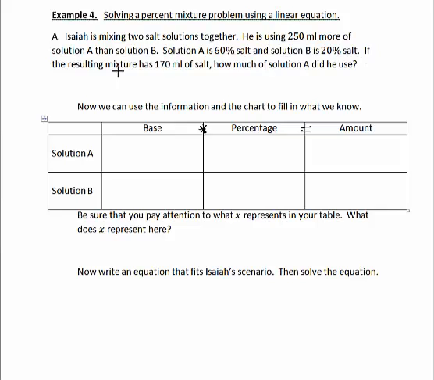And finally, the resulting mixture has 170 milliliters of salt. Salt is a specific ingredient in the salt solutions, so 170 is an amount. How much of solution A did he use? Okay, so our goal, our procedure, is to fill out the 2 columns that we multiply together.